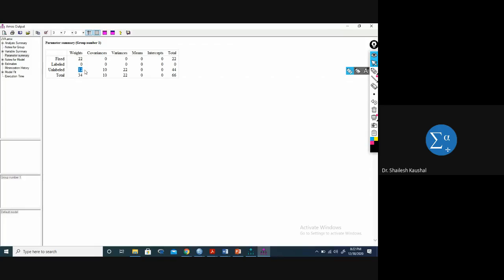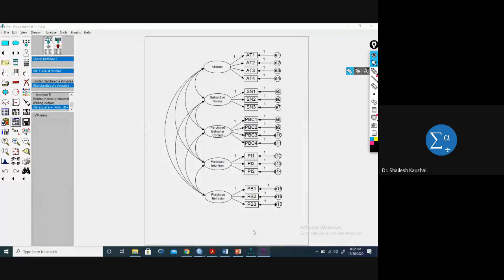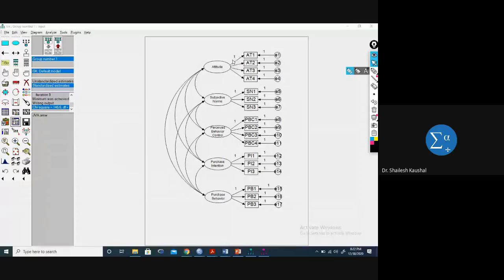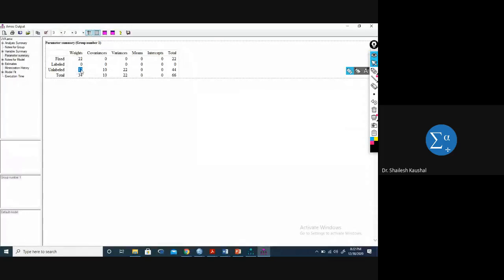How many are unlabeled? 12 are unlabeled. Look: 3, then 1, 2, 3, 3 plus 2 is 5, plus 3 is 8, plus 2 is 10, plus 2 is 12. Please explain how it came to 12. Look, the top ones are labeled. Total is 17, so how many are unlabeled? 5 are labeled, so 17 minus 5 gives 12 unlabeled.